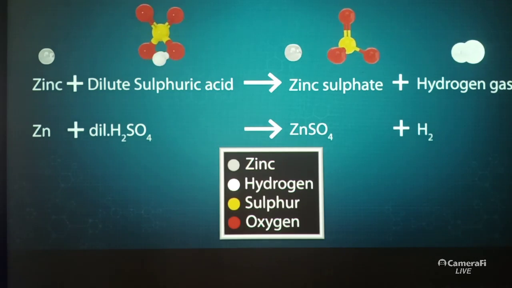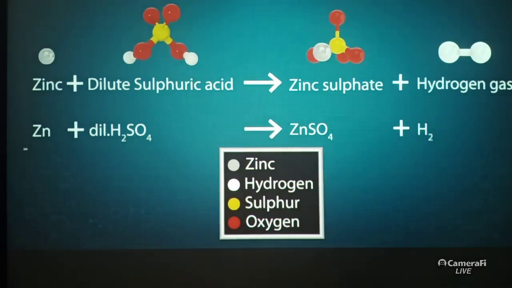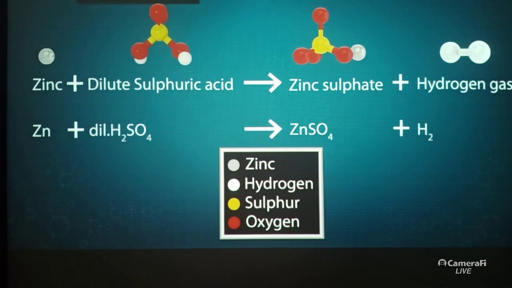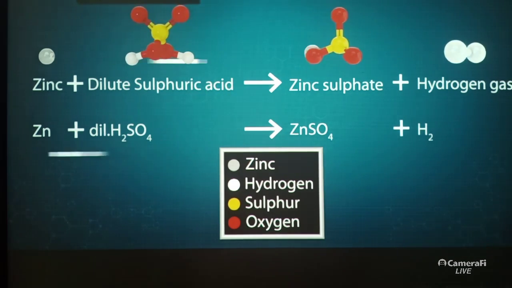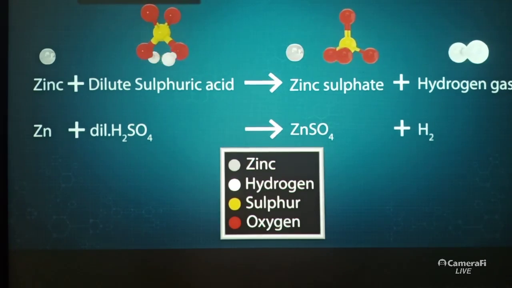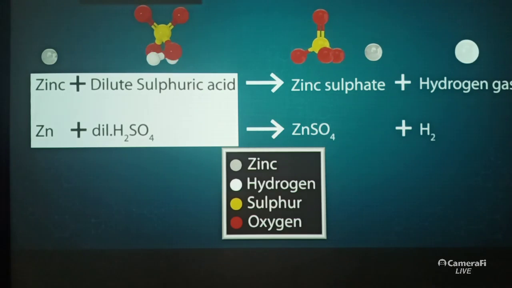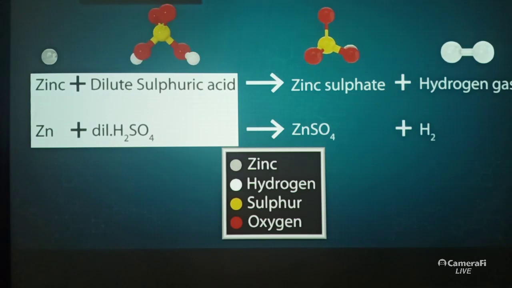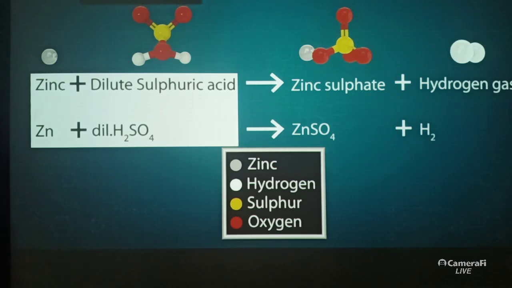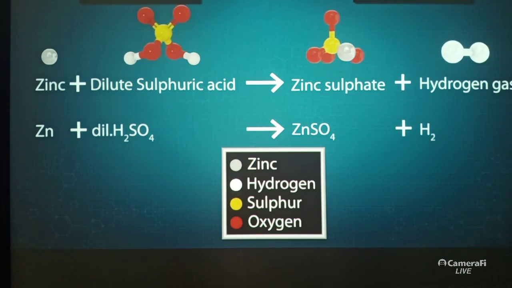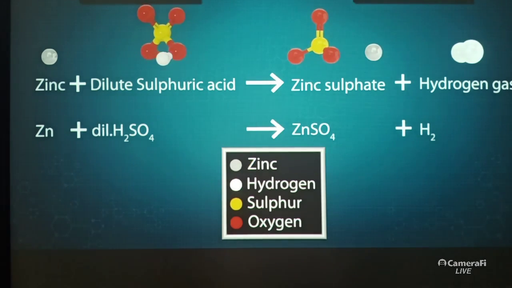A chemical equation is made up of the following components. The reacting substances, known as reactants, are on the left-hand side. In the equation, zinc and dilute sulfuric acid are the reactants. So, they are on the left in the equation. The resulting substances, known as products, are on the right-hand side.